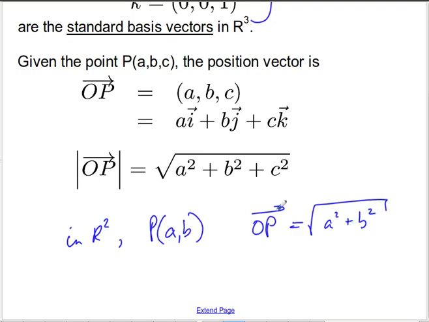But in three dimensions, we have that extra dimension to take into account. I am not justifying this to you, I am simply providing it: the distance from the origin to this point P, which is (a, b, c), or the length of this vector (a, b, c), is simply a squared plus b squared plus c squared, all square rooted.